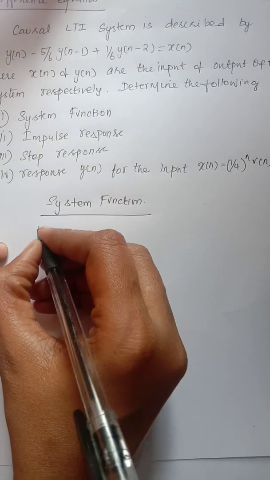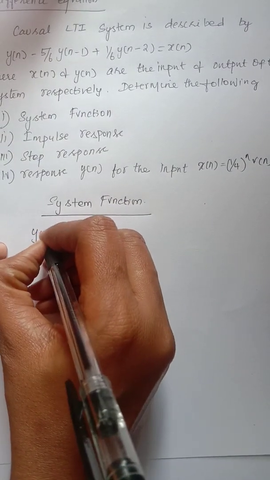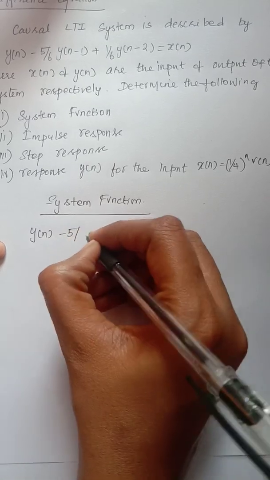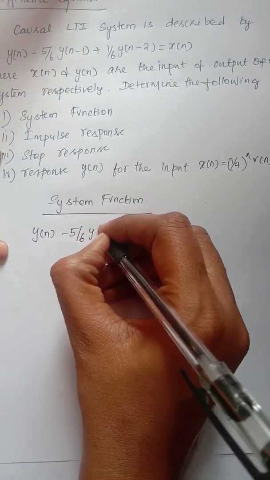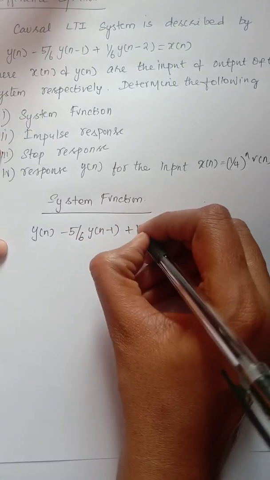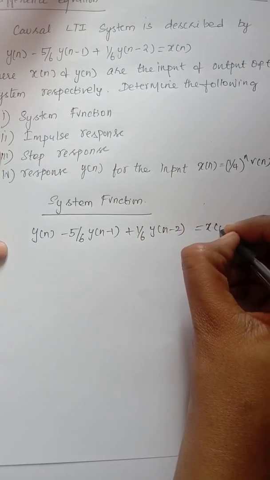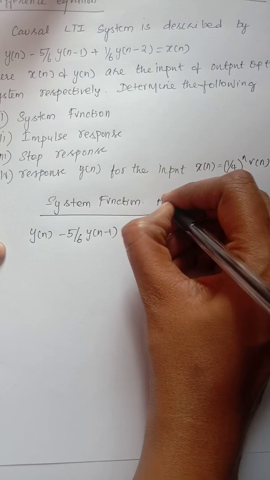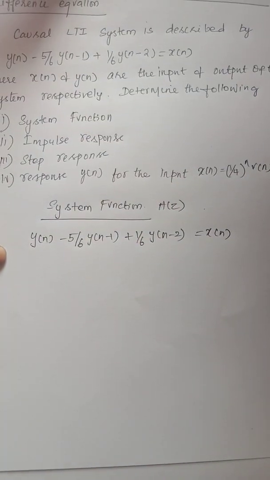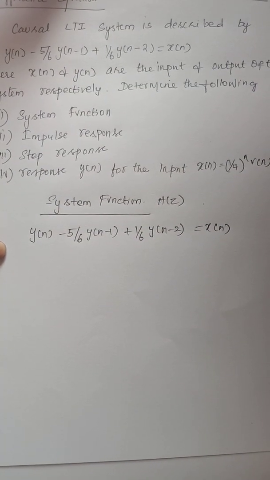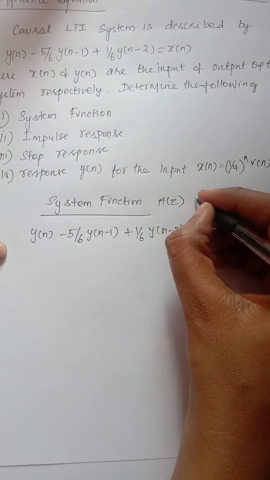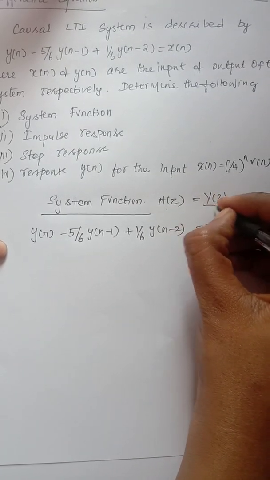To find the system function, they have given the difference equation y of n minus 5 by 6 y of n minus 1 plus 1 by 6 y of n minus 2 equal to x of n. Here the system function is nothing but H of z, the transfer function. To find H of z, you need to know Y of z by X of z.